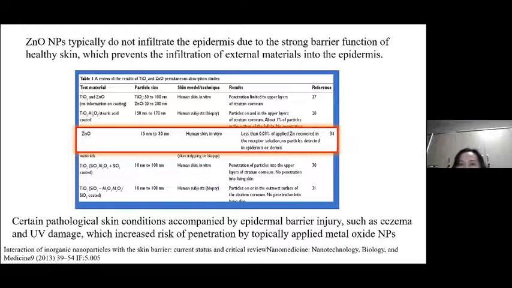But in our daily life, there are certain pathological skin conditions accompanied by skin barrier injury, such as eczema or UV damage, etc. And in these conditions, the risk of penetration increases when we use metal oxide nanoparticles.